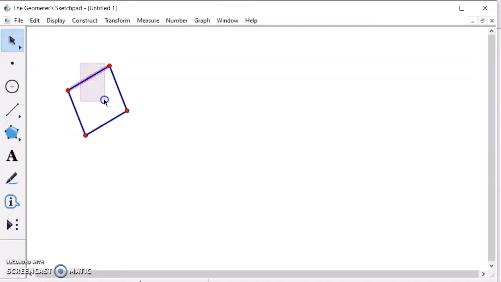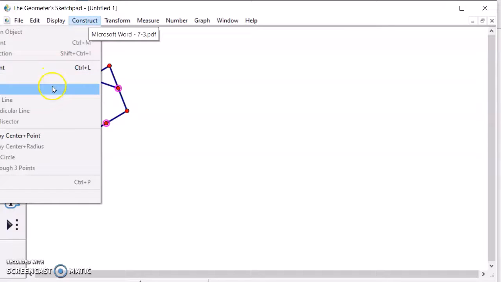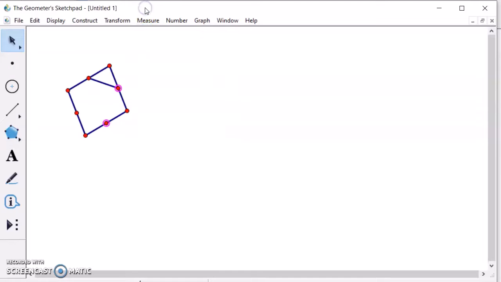And now I need the midpoints. So I'm going to construct the midpoints, and then it said to join consecutive sides. And to do that, I'm constructing a segment, which is Control L. Any 2 points determine a segment, so that's what I'm using.